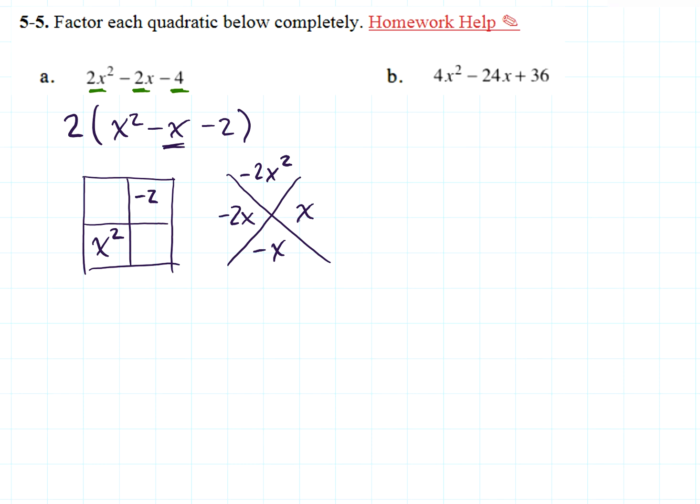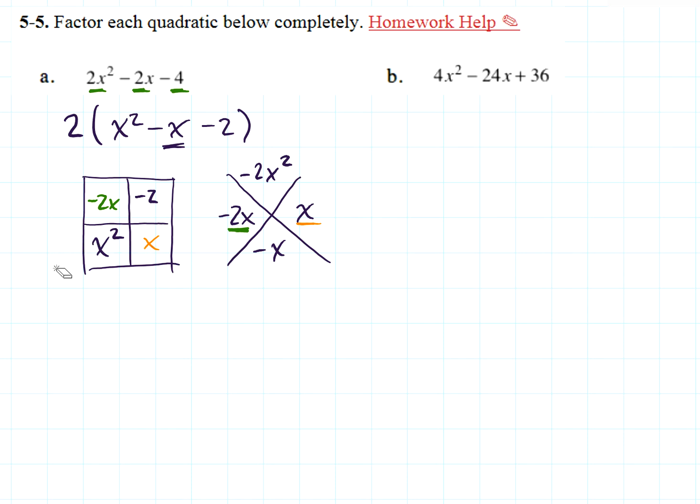So I'm going to go ahead and write those two values, and I'll use a different color for it. I'm going to write this value right here. This is the negative 2x. And I'll go ahead and write the x right here. So after I've placed those in, my strategy is usually to look for a greatest common factor along here first.